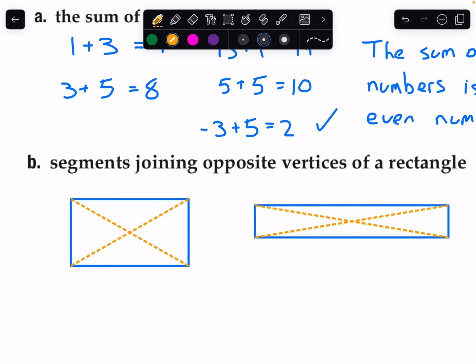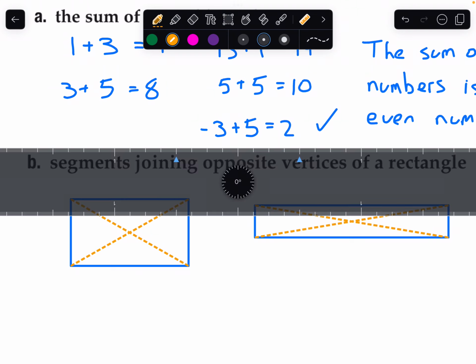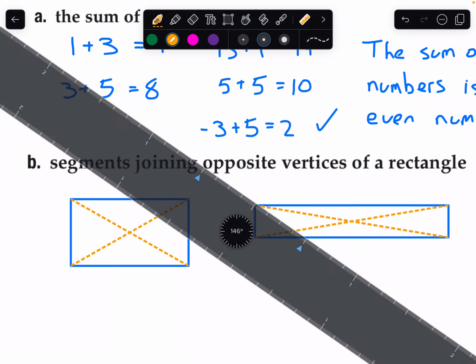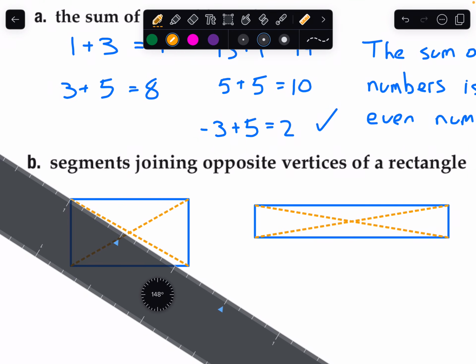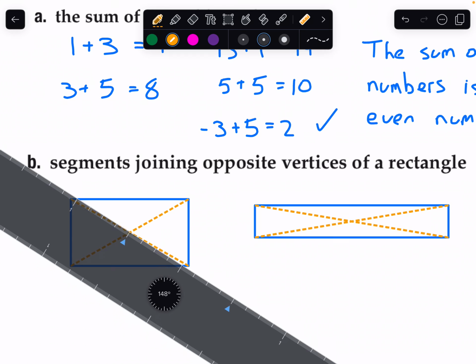Okay, what do you see about those? How about length? They look pretty symmetrical to me. Maybe we can measure these. I know I'm not starting at 0. That's okay.